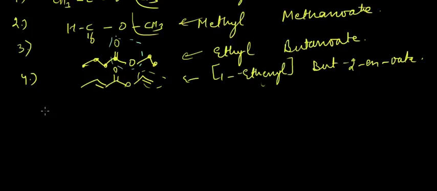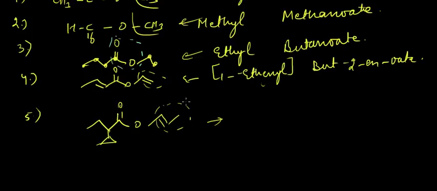Okay, so let us look into some more examples. We have something like this. What would be the name of this compound? Oh, I forgot to substitute with the cyclopropyl ring. Okay, so what would be the name of this compound? This part would be named first.